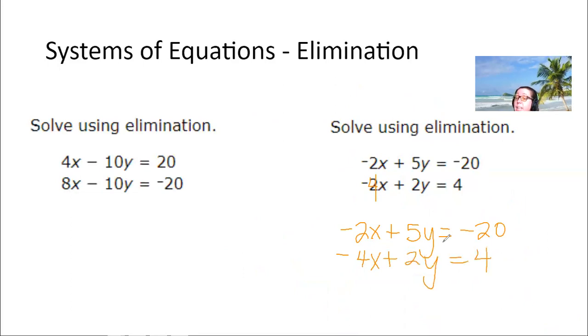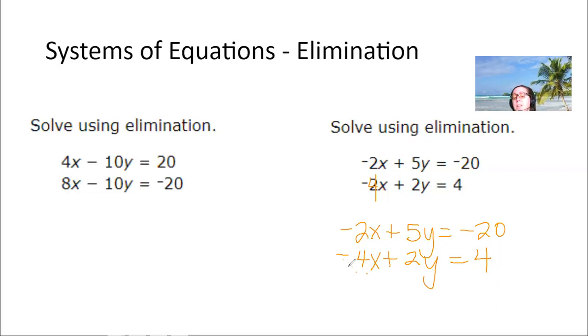I could technically get either one to cancel. I could multiply by something to get the y's to match or the x's. I'm just going to pick the x's for now because I would only have to multiply by one number. This one's negative 4. Usually you go with the bigger one.